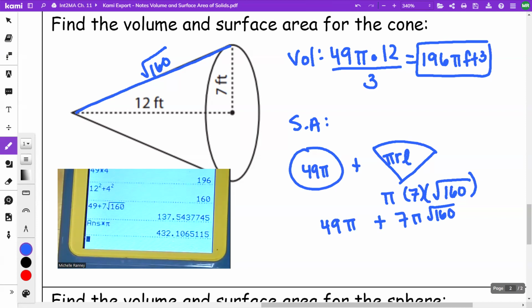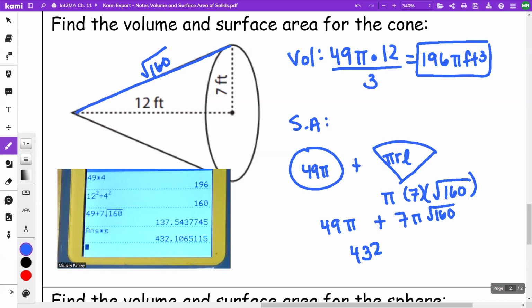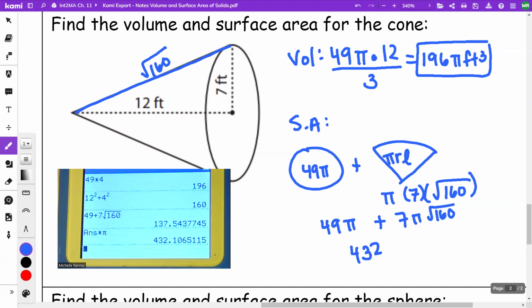So I'm going to get 432. Let me just make sure I did that. 12 squared. Oh, I did 4 squared. In my calculator, it was a 7. So let me come up here and redo it.